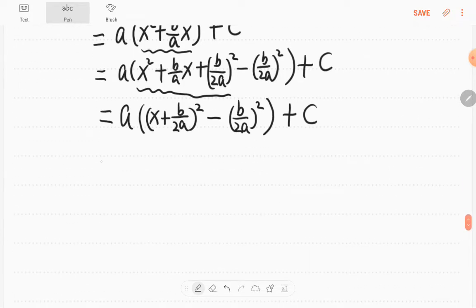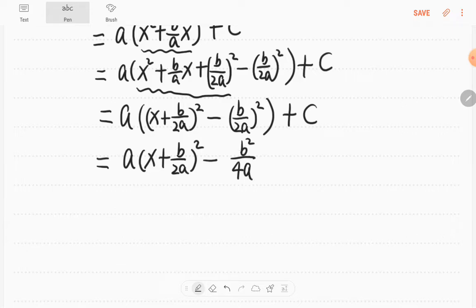So let's expand it as we did in the previous example. We distribute a times (x plus b over 2a) squared minus, this is what it will be, b squared over 4a, and plus c.